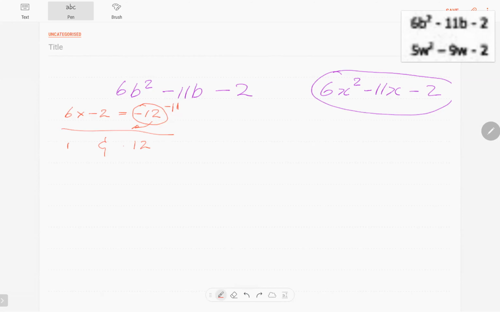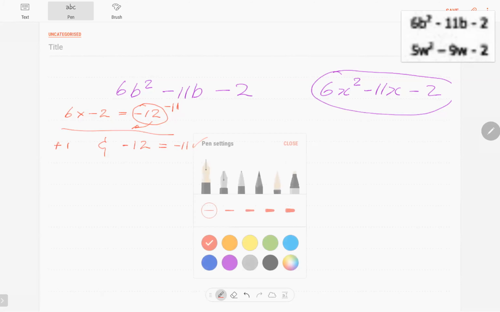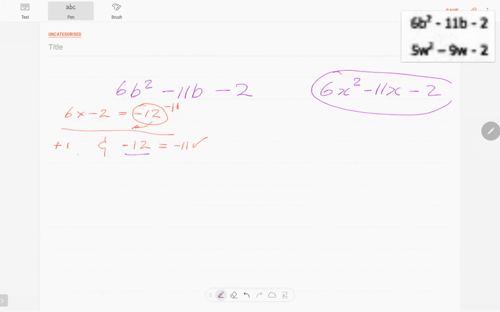So we're going to make this negative and this positive. Those are factors of negative 12, and when you add them, they equal negative 11. So you have found the two that you want already. We're going to break the 11b into negative 12b plus b. We're using these two to split the term.